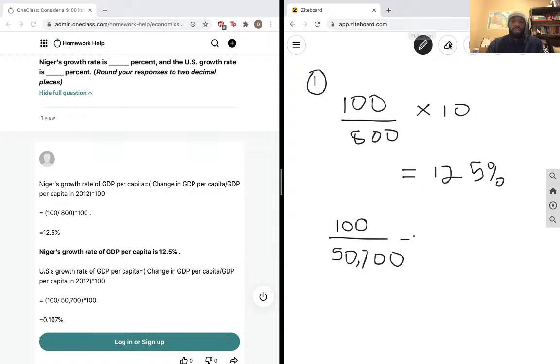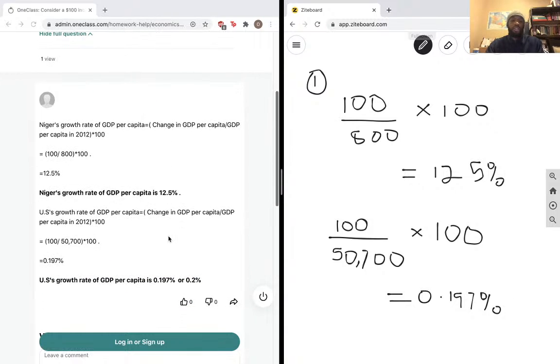You multiply that by 100 to give you the percentage amount. And it's equal to 0.197%, which you could also call 0.2% if you're rounding up.